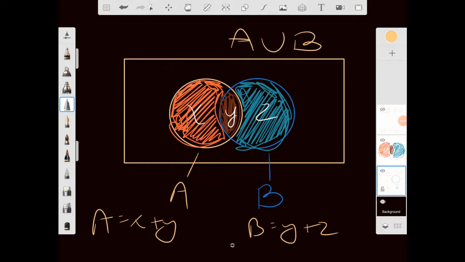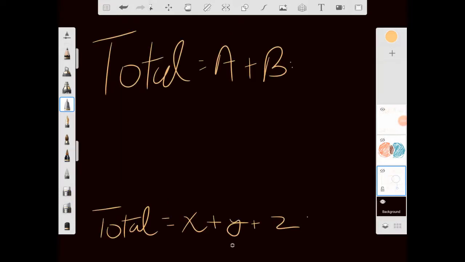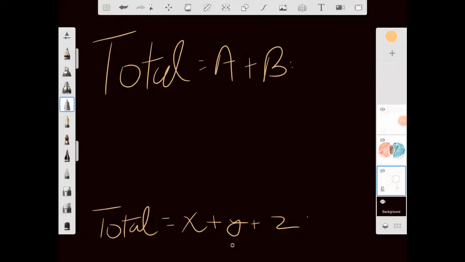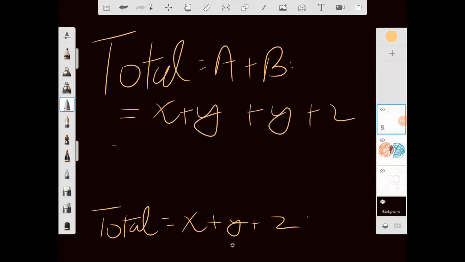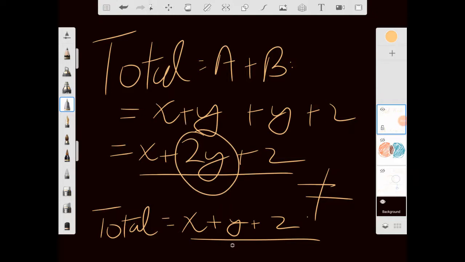See, my A is X plus Y and my B is Y plus Z. So if my formula is A plus B, then it should be X plus Y plus Y plus Z. That will make it X plus 2Y plus Z. Now these two formulas are not equal because there's an extra Y here. This is X plus Y plus Z and this is X plus 2Y plus Z.